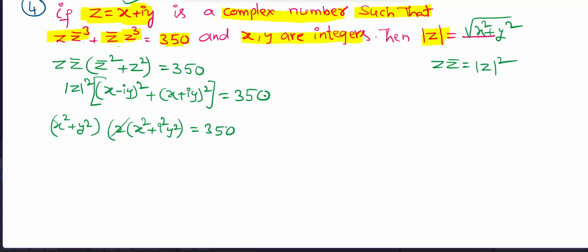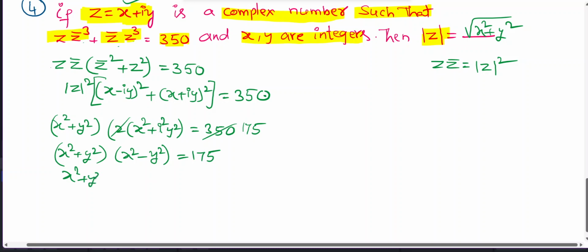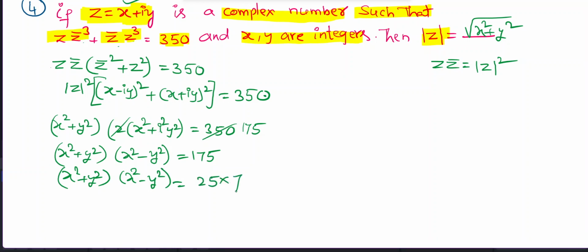Here the 2 cancels, 175 times. So this is x square plus y square into x square, here i square is minus 1, that is x square minus y square is equal to 175. This is written as x square plus y square into x square minus y square is equal to 175, which is 25 into 7.